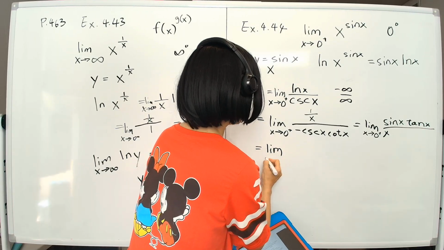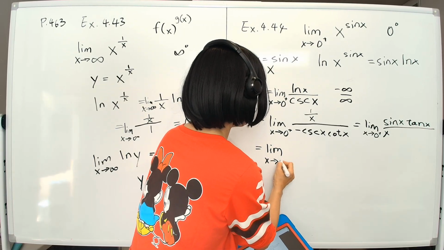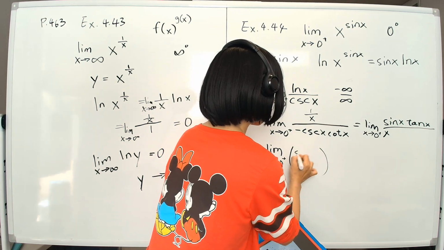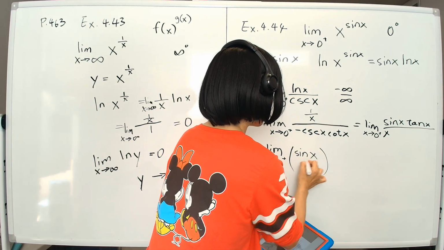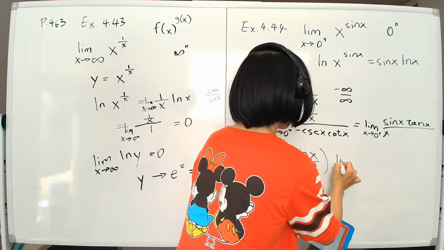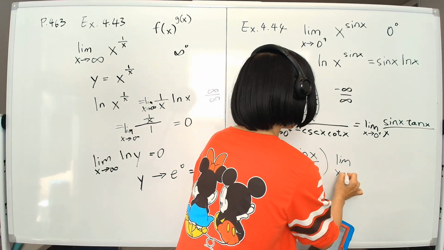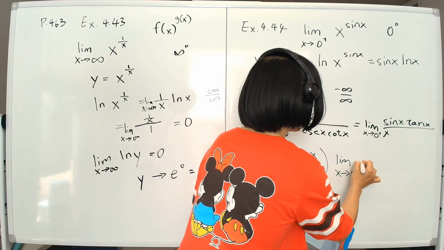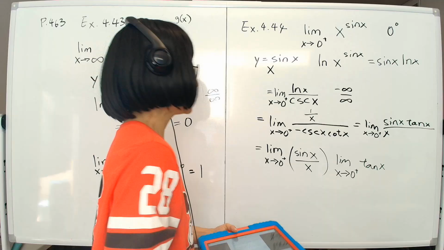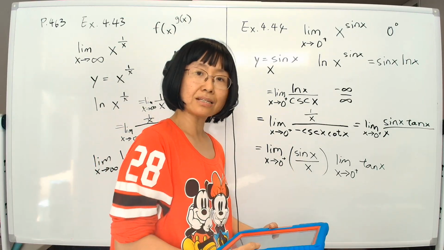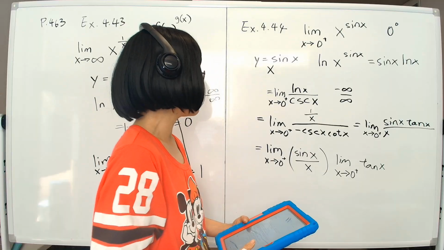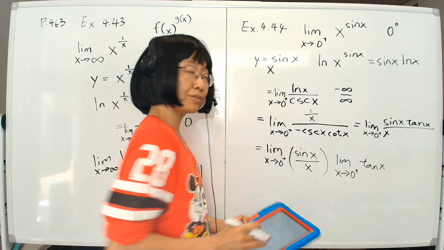So this equals the limit as x approaches 0 from the plus side of sine of x over x, and then the other one we'll write down as the limit as x approaches 0 of tangent of x. Now the limit of sine x over x as x approaches 0 is something we've encountered a couple of times now. And the result is 1.